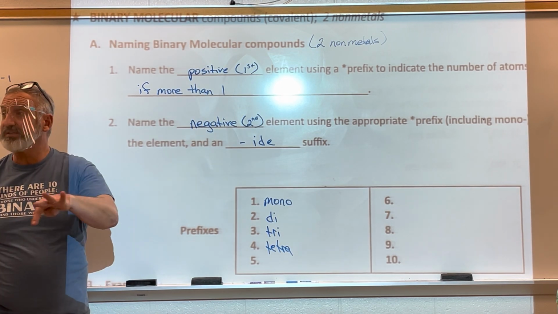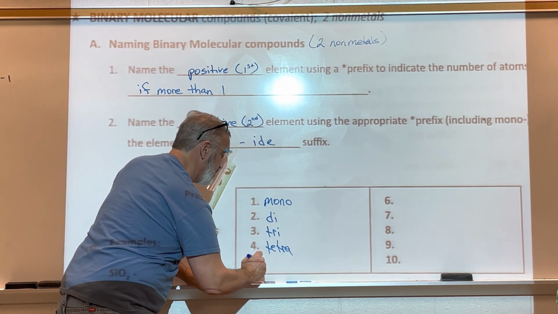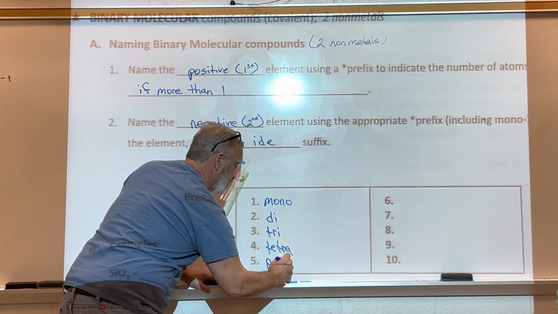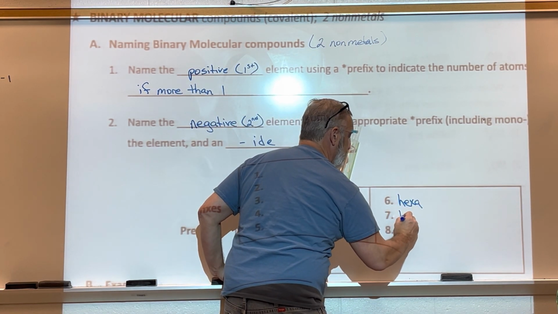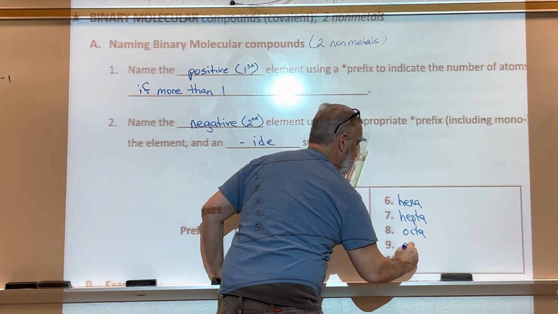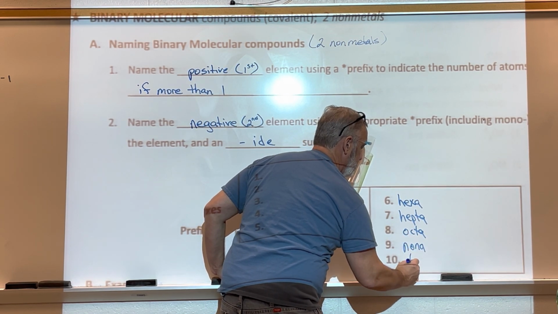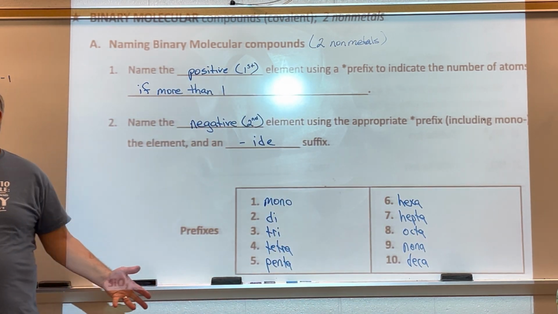Tetris has the 4 boxes coming down. Okay? 5 is penta. Then hexa, hepta, octa, nona, and deca. Those are just your Latin. You know a lot of those from math already.